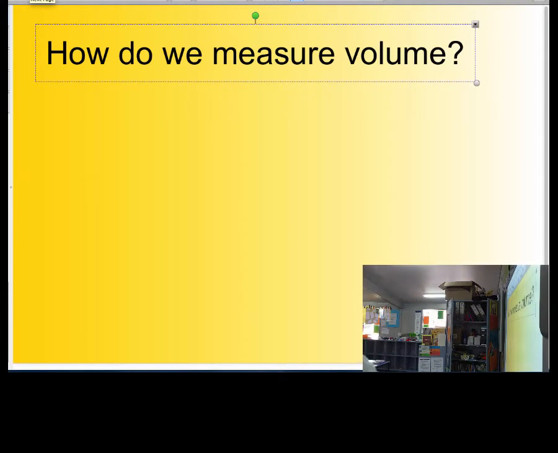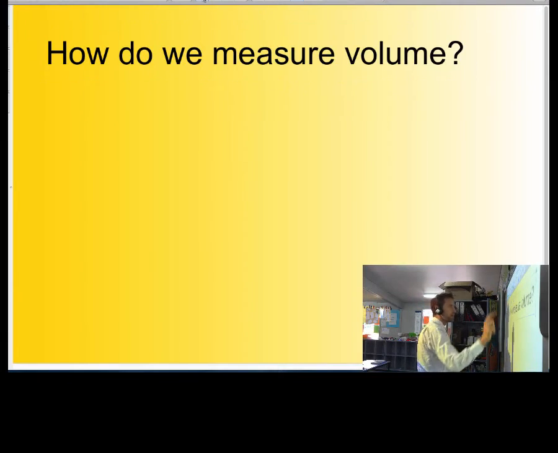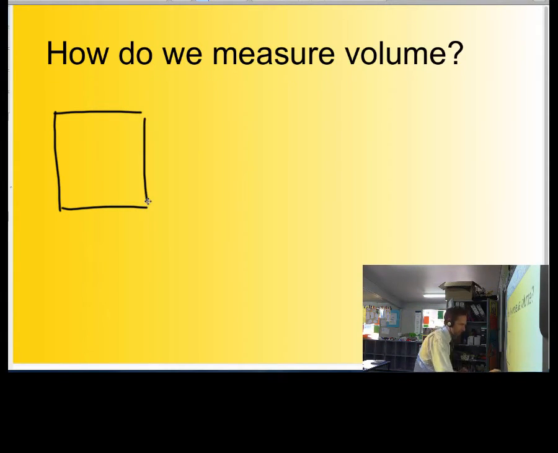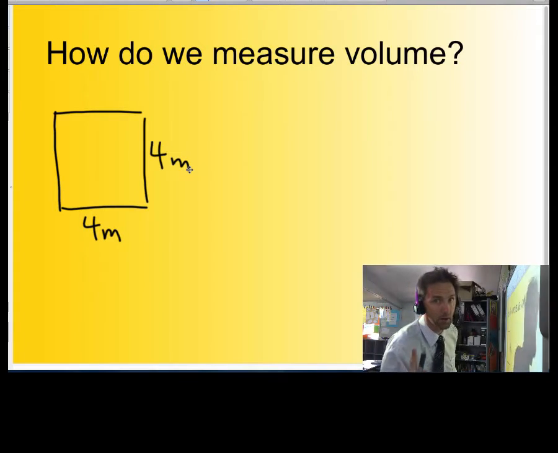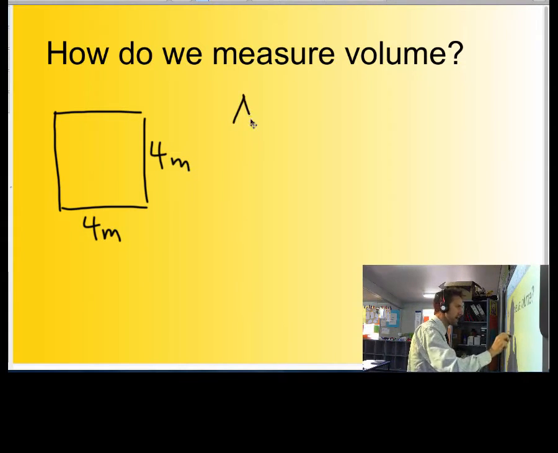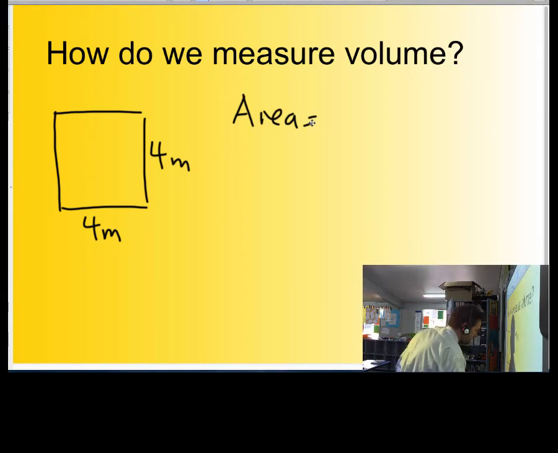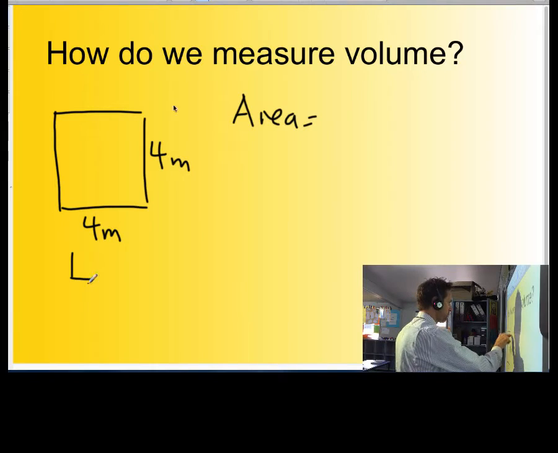Well, it's not like area, and if you need a reminder, let's have a look at area. Remember with area we had a nice square, and the bottom might be 4 meters and the side might be 4 meters. Area equals length times width, or length times height. So here's our length down here, and here's our width up here.